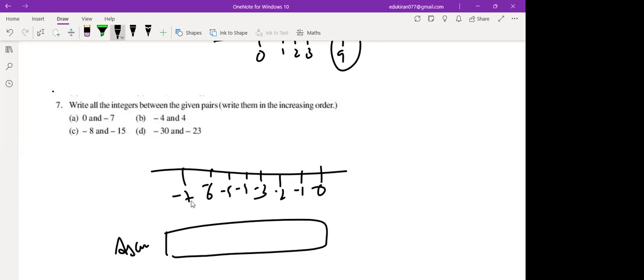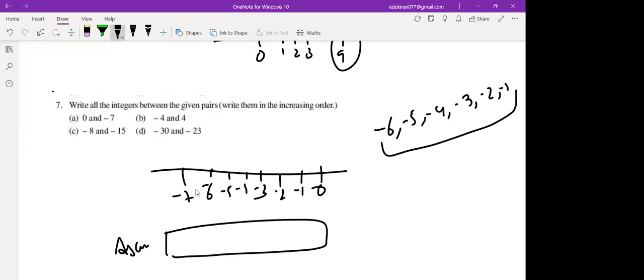So now, ascending order, how would you write it? -6, -5, -4. Like this. Because in negative, the smallest number is the biggest number, right? Yes.